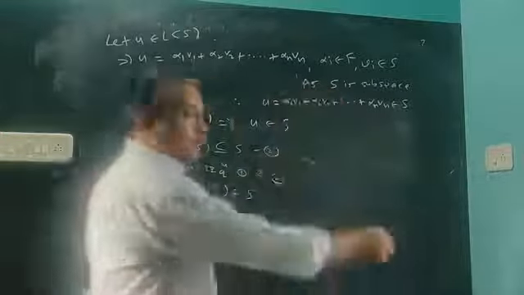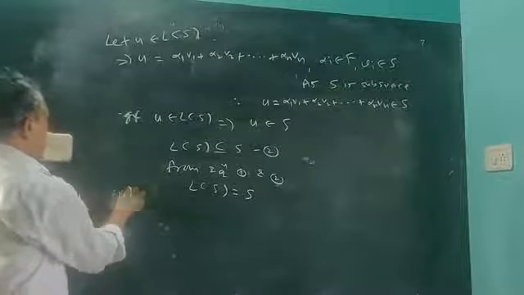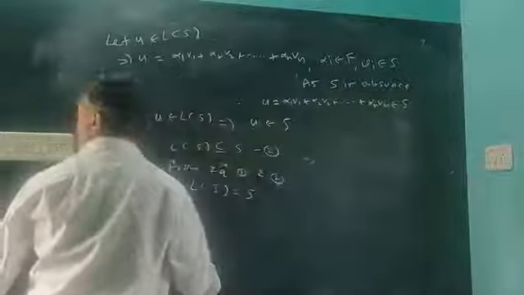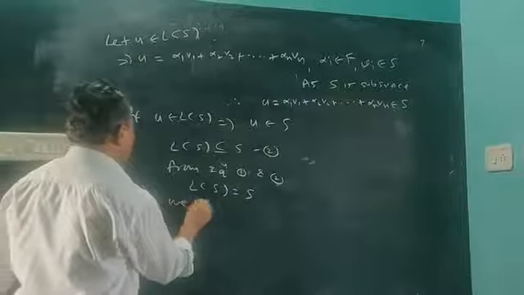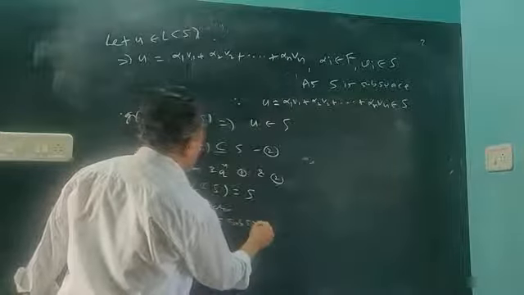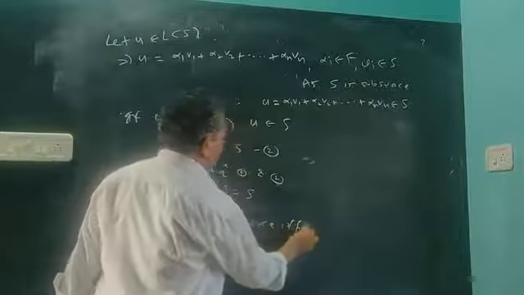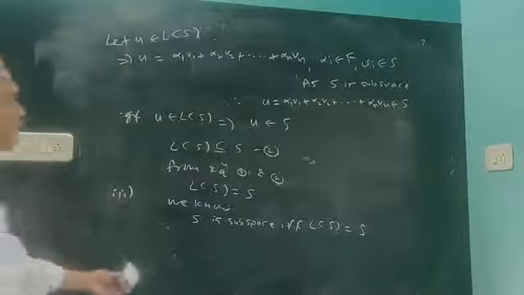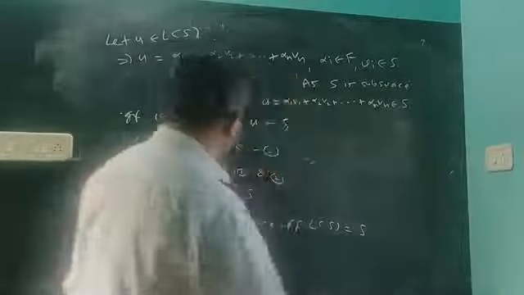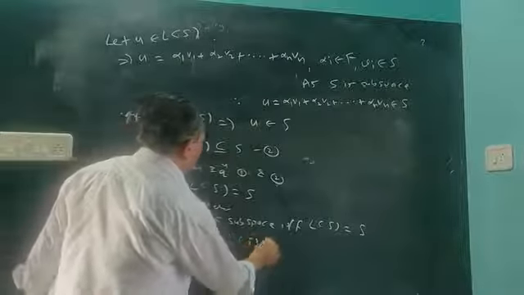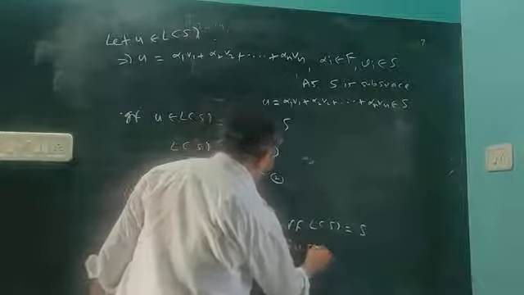Last point, third point: L of L of S equals L of S. Just use the theorem. Second point: we know S is a subspace if and only if L of S equals S. For the second point, if S is a subspace, then L of S equals S. Now we know L of S is a subspace of V by theorem.